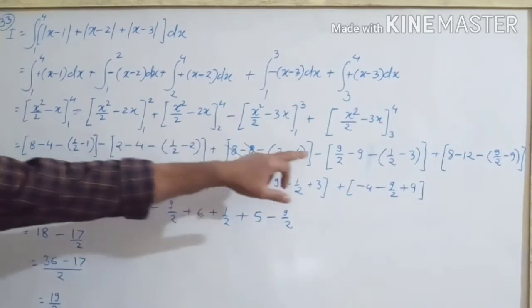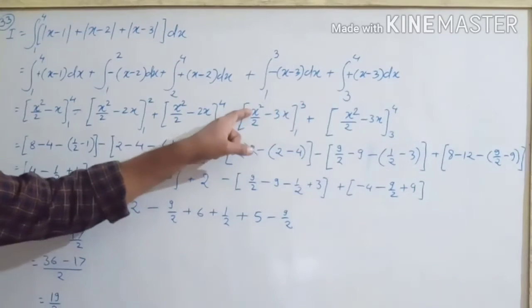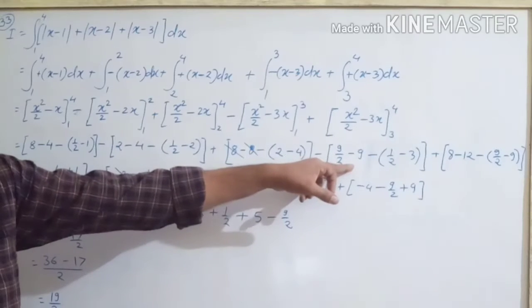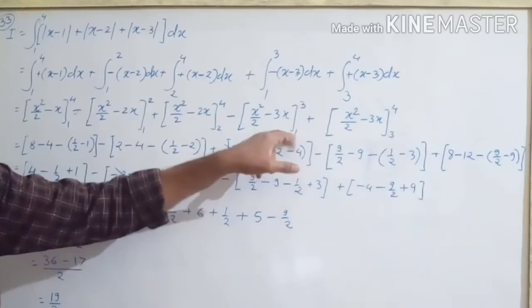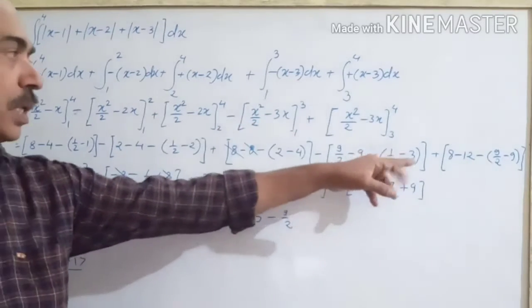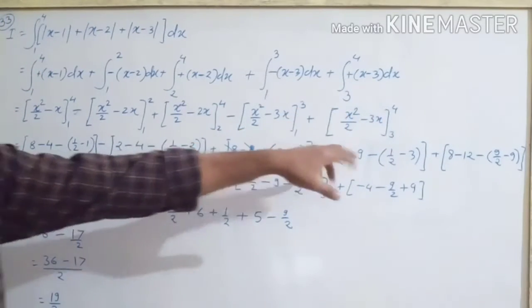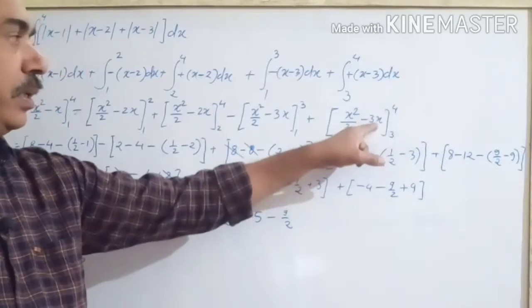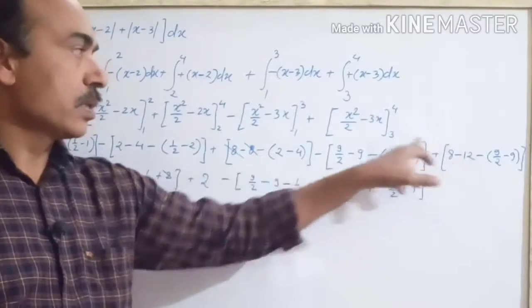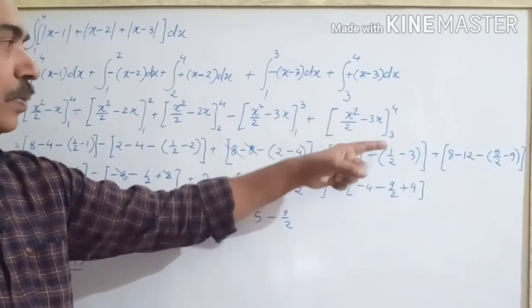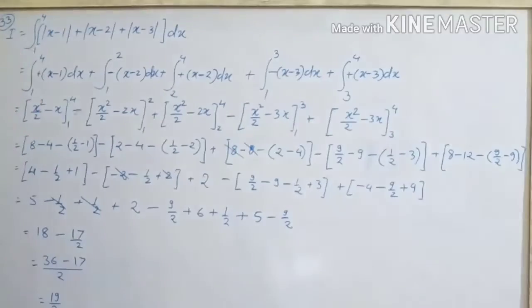After that here this is the minus sign. 3, so 3 square is 9, so 9 by 2, after that 3 into 3 minus 9, and minus lower limit 1, so 1 by 2 minus 3, plus once again 4, so 4 square is 16 by 2 which is 8, and 4 into 3 minus 12, minus write 3, so 3 square is 9 by 2 and 3 into 3 is 9.